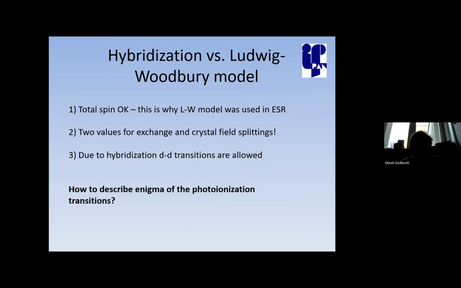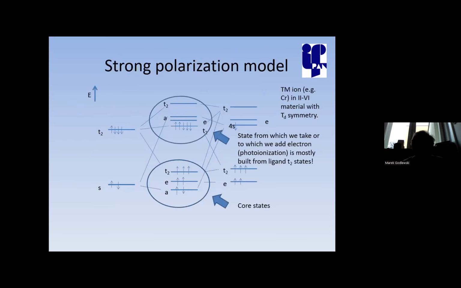But now let's try to explain the enigma I mentioned: why the energy of these photoionization transitions is so much reduced compared to the situation we had for the ion dopant in vacuum.